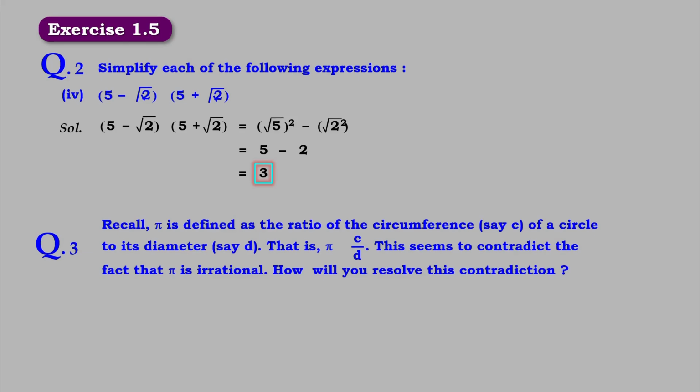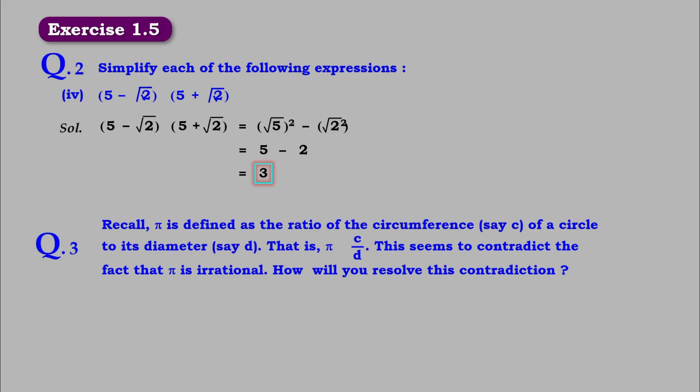Now question number 3. Recall, pi is defined as the ratio of the circumference, say c, of a circle to its diameter, say d. That is pi equal to c by d. This seems to contradict the fact that pi is irrational. Earlier we have learned that the circumference equal to 2 pi r or pi d.